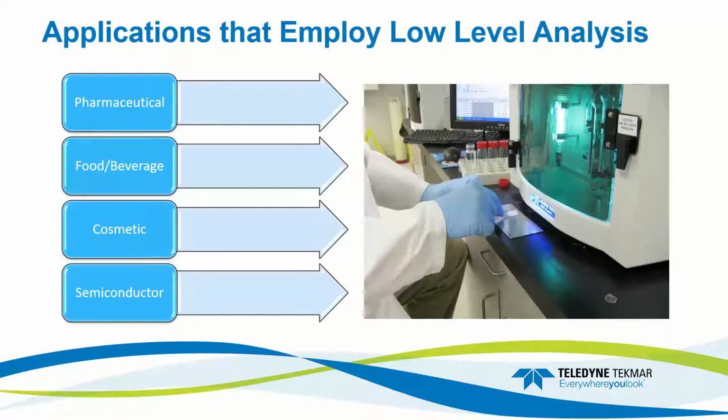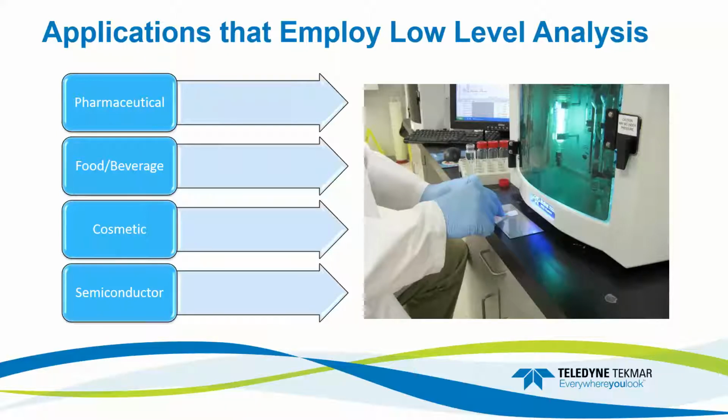So where do we need low-level analysis? Where does it need to be employed in the field? The first realm is pharmaceutical. Why is that, you ask? Certain methodologies, such as water for injection, which can contain no more than 50 ppb of carbon.